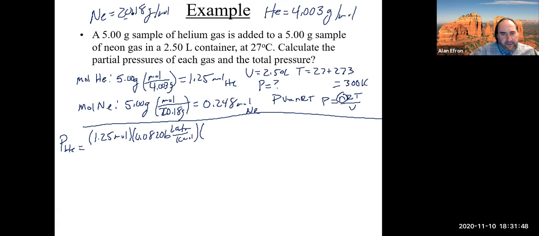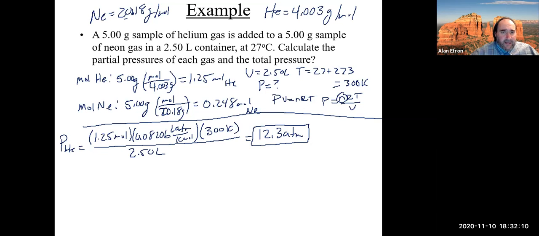We're going to use our temperature, which is 300 Kelvin, all divided by our volume, which is 2.5 liters. In terms of units, everybody's going to cancel out except for atmospheres. If we do that, we end up with something like 12.3 atmospheres for helium. That is what is referred to as the partial pressure of helium.